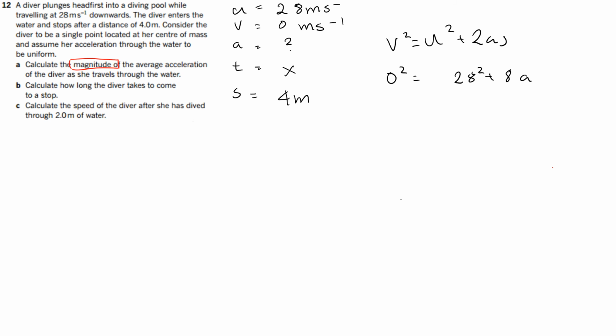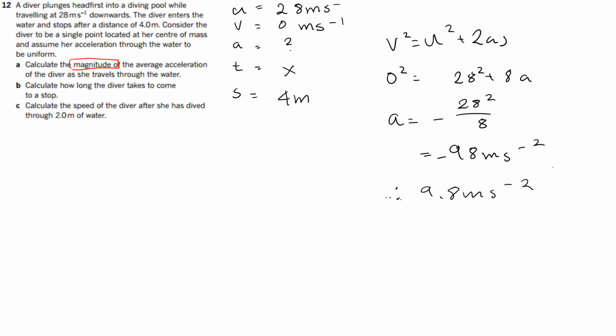So it becomes A is equal to negative 28 squared on 8, which is equal to 98 meters per second. Now the question asks us to find the magnitude, which means just ignore the direction. Therefore, the magnitude is equal to 98 meters per second. So that's part A.